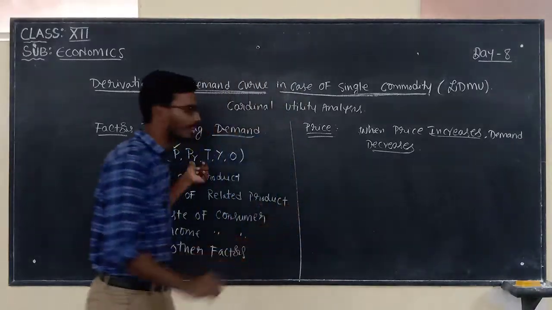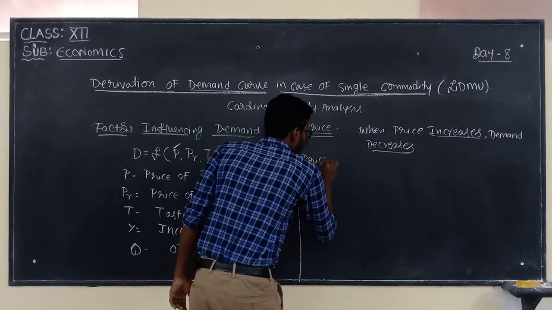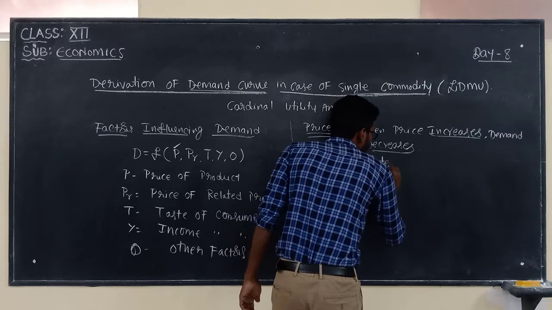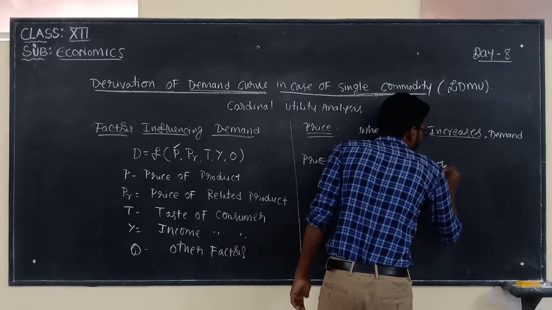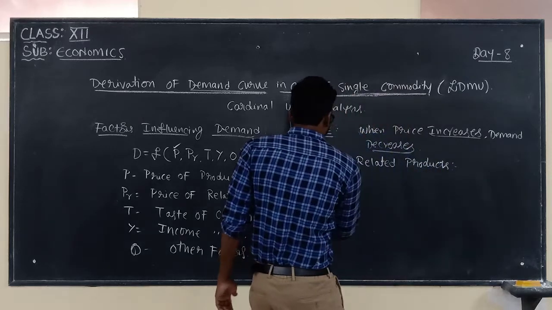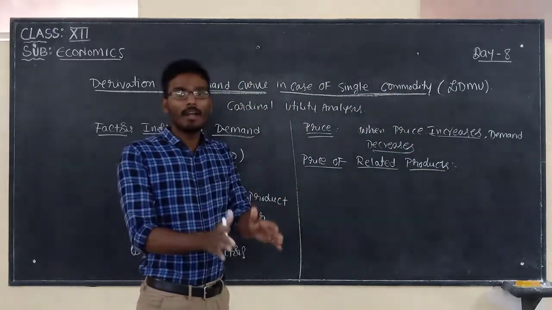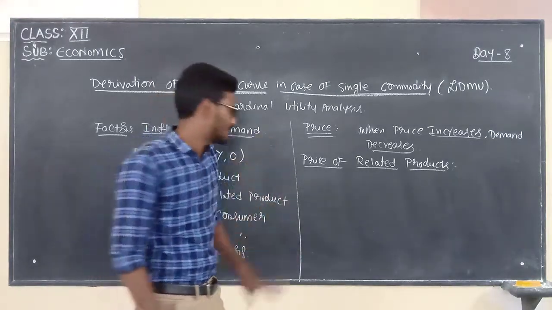Now the second factor, price of related products. How does the price of another product influence the demand of one product? Here there are two types of products.